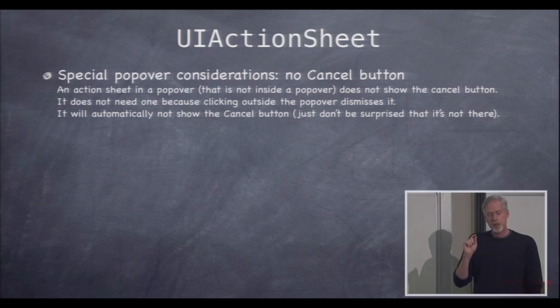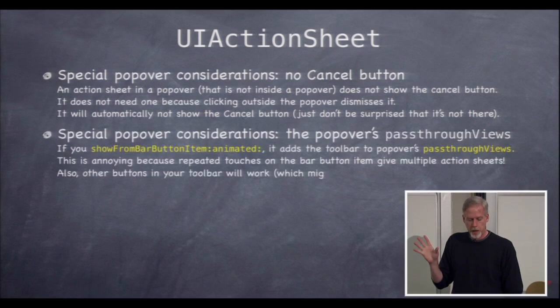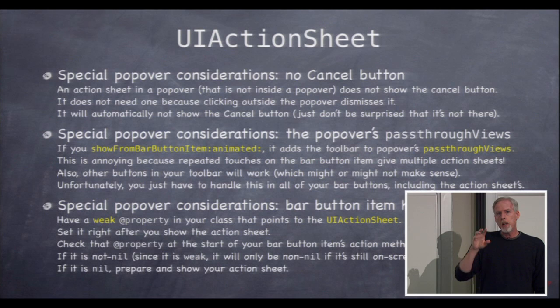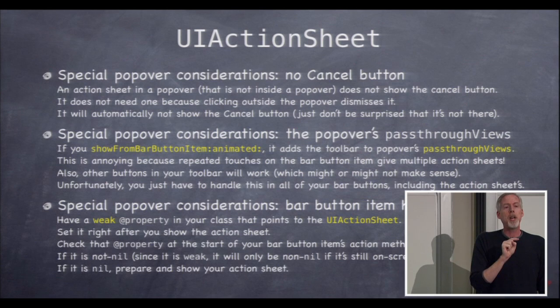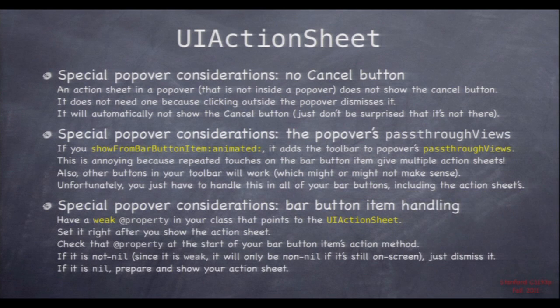Popover considerations, a couple of things. One, there's no cancel button. I talked about that. Two, when you have a popover action sheet come from a UIBarButton, that toolbar that the bar button is in will be added to the pass-through views for the popover. And you'll remember that the pass-through views are the views on your screen that if you touch them, the popover won't go away.